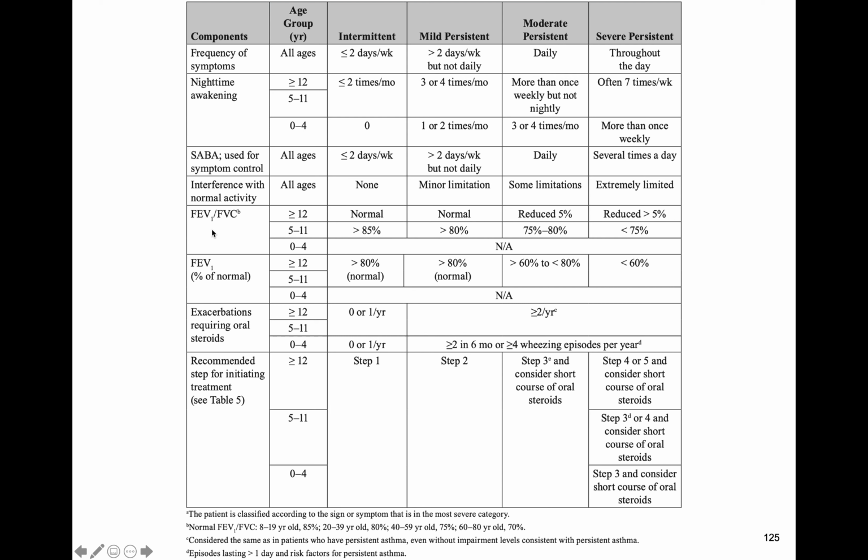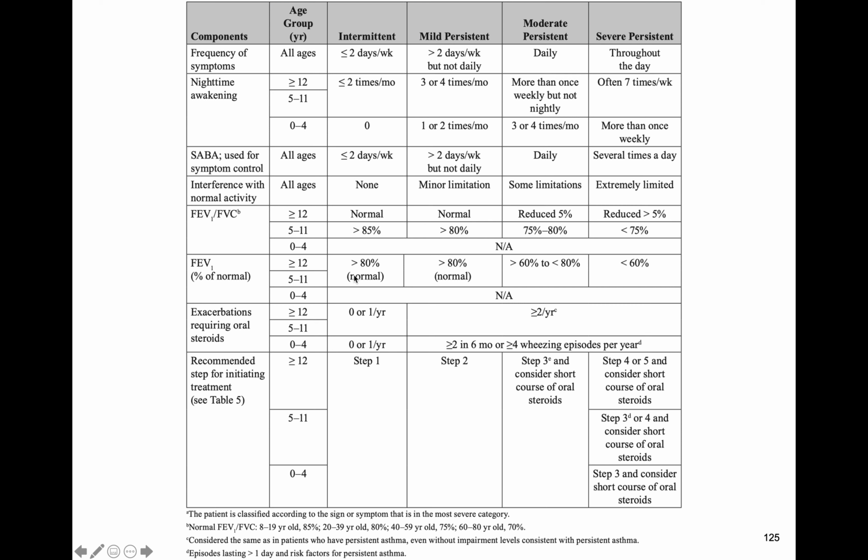If you do a pulmonary function test, FEV1 is the forced expiratory volume over 1 second. That's like saying blow into this pipe as fast and as much as you can over 1 second. And so in patients who are doing worse, there's going to be a reduction in that. And then they also measure FEV1 as a percentage of normal.